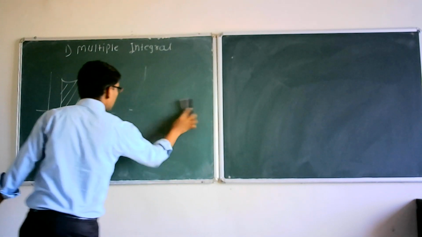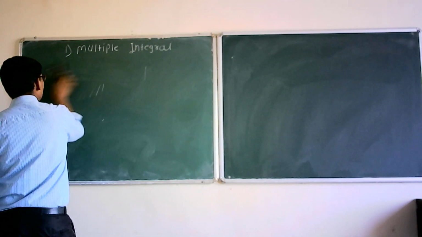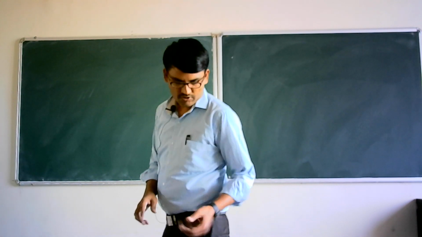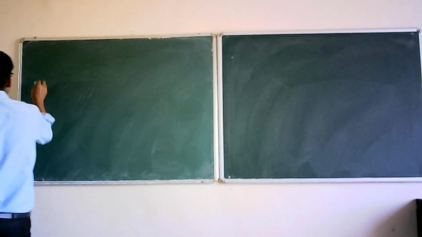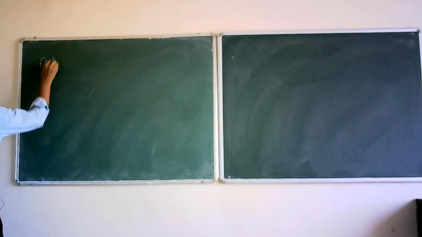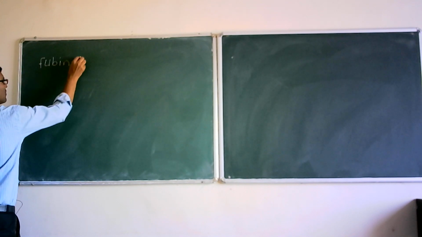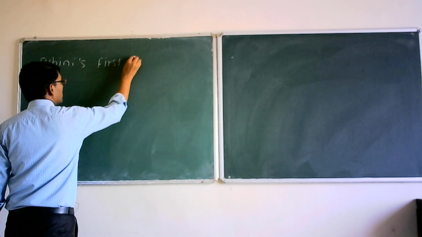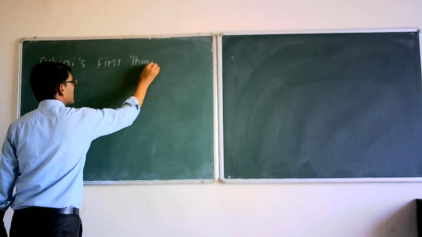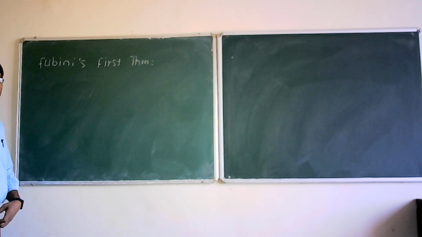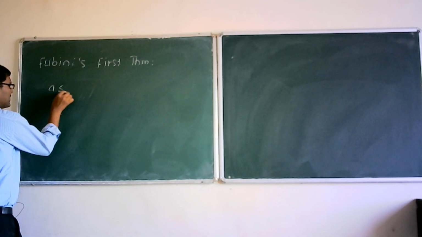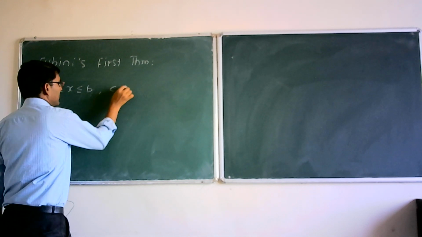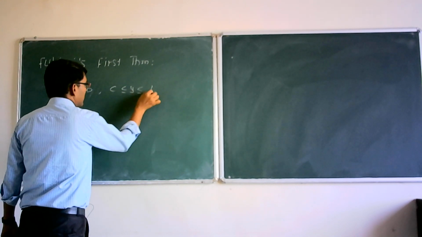First we want to see Fubini's first theorem to evaluate the double integration. Suppose the limits of x and y are constant, that is a ≤ x ≤ b and c ≤ y ≤ d.